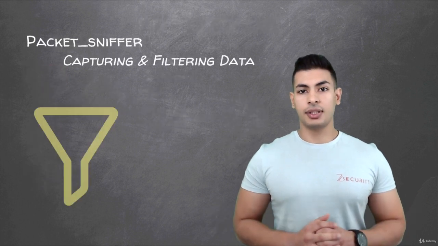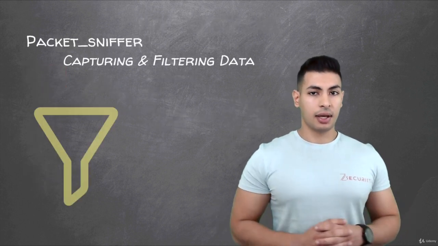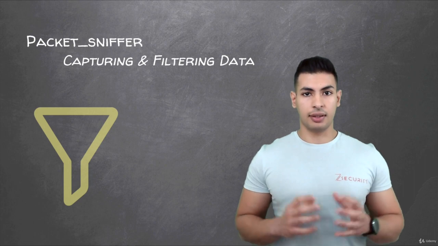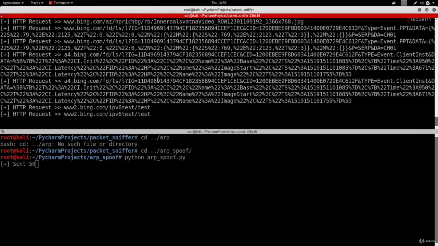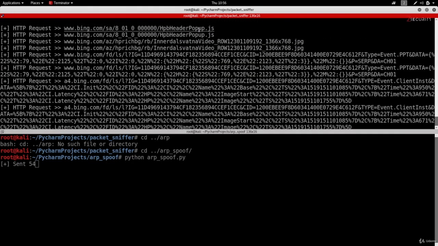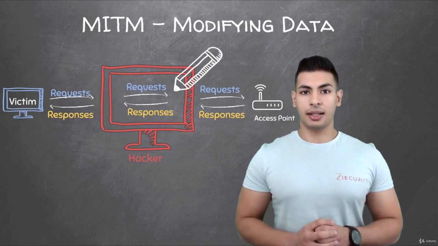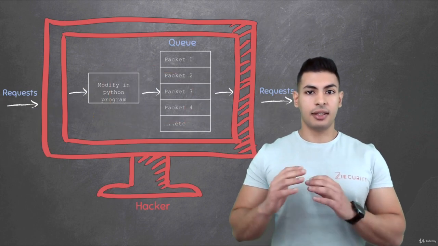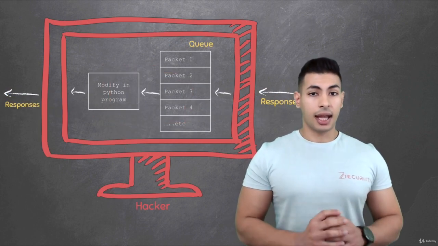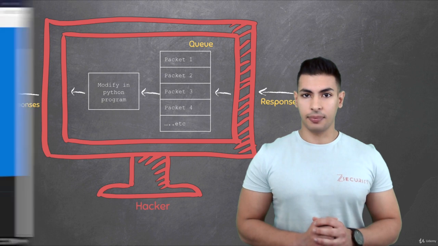So you're going to learn how to sniff data sent or received by any computer connected to the same network as us. This means we'll be able to see visited websites, login information, passwords, and pretty much everything they do on the internet. You'll also learn how to analyze data sent in the different layers in each packet and how to modify this data.